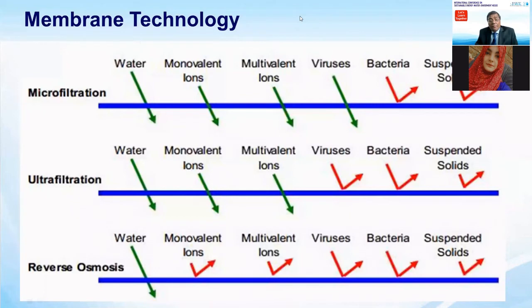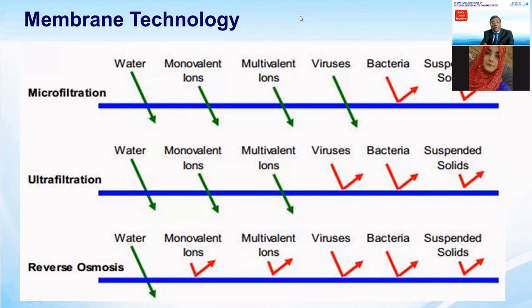Normally, we observe that up to 98% of viruses are removed. Still, we have some viruses in the product water, for which we normally use ultraviolet light for disinfection if we are going for drinking purposes.